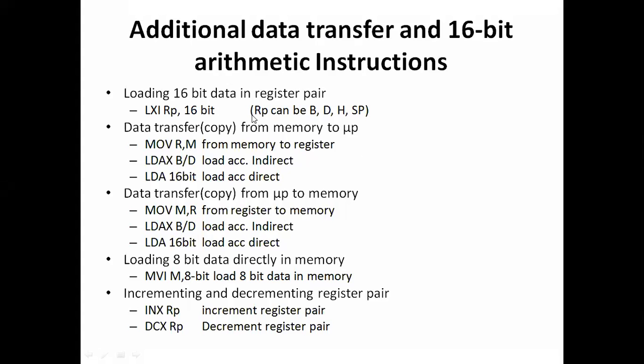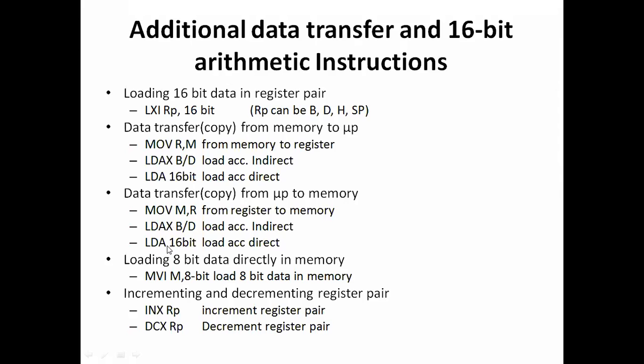general purpose register. The second one is, actually, here there is something wrong: it is not LDAX, it is STAX B/D. In the way we were copying data from the memory whose address is present in the BC pair or the DE pair into the accumulator, in the case of STAX, whatever is the content of the accumulator will be copied into the memory whose address is defined in either the BC pair or the DE pair.